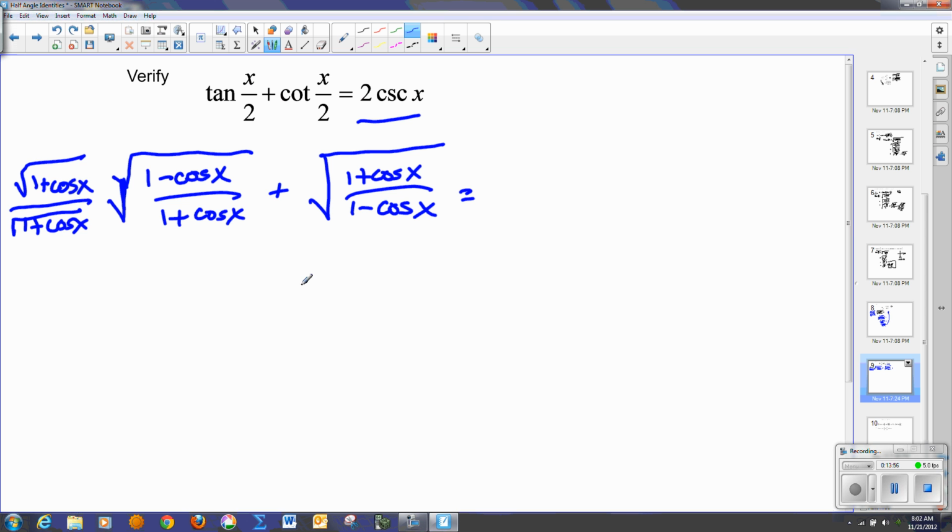This could take a while. I'm going to multiply this guy here by 1 minus cosine of x over root 1 minus cosine of x.